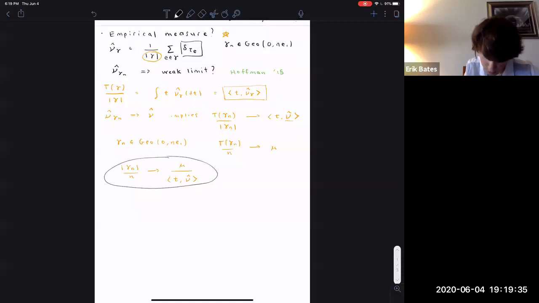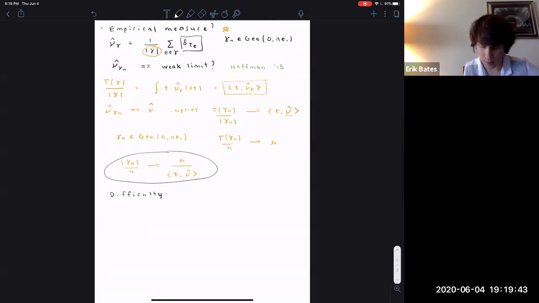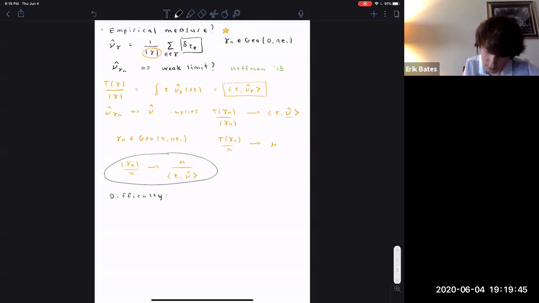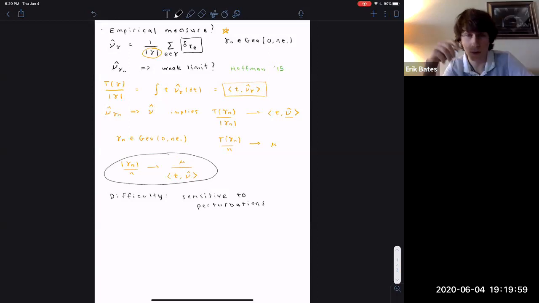And let me mention, just to give a little bit of motivation, what are some of the difficulties that we run into when you try to apply some of the standard techniques? The main difficulty, summed up, I would say, is that things are sensitive to perturbations. What I mean by this is, imagine you perturb the edge weights just a little, or maybe you perturb a single edge weight by just a little.